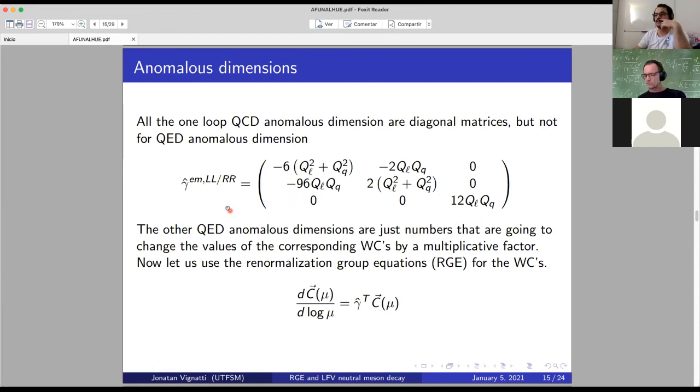I'm not showing the operator mixing explicitly, but under renormalization, this anomalous dimension shows that there is mixing because we have non-diagonal matrix elements. In the paper, obviously, we show the mixing operators, so it's contained there.